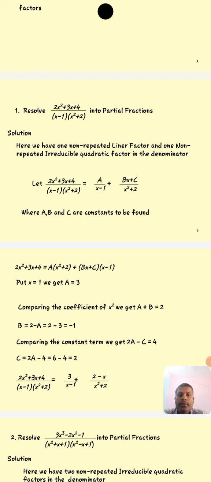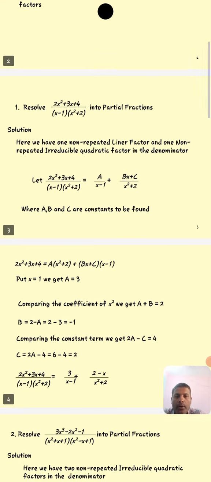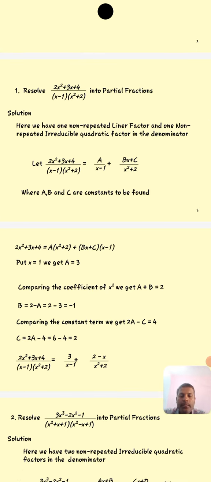After completing the simplification we get a is equal to 3. Now we use comparing the coefficients. Comparing the coefficient of x square, we get a plus b is equal to 2.